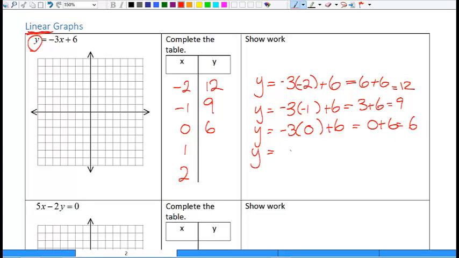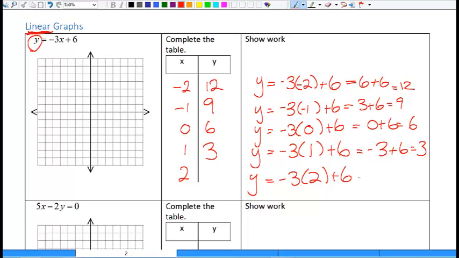Next one, y equals -3 times x plus 6, but instead of x, I put a big old fat parentheses and stick in my value of 1. -3 plus 6, that's 3. And y is equal to -3 times 2 plus 6, which is -6 plus 6, which is 0.